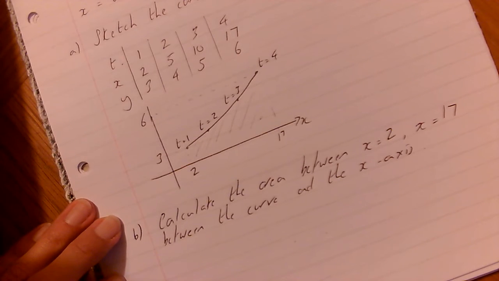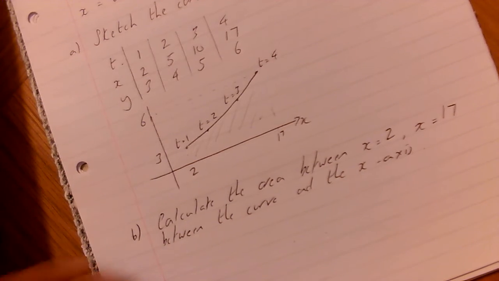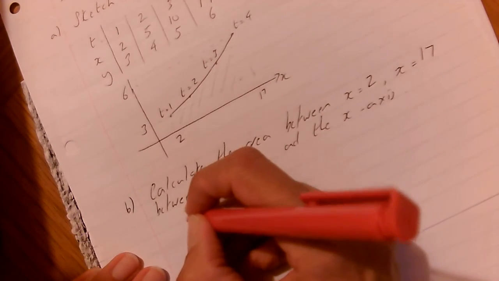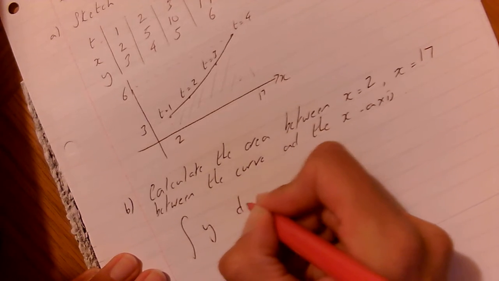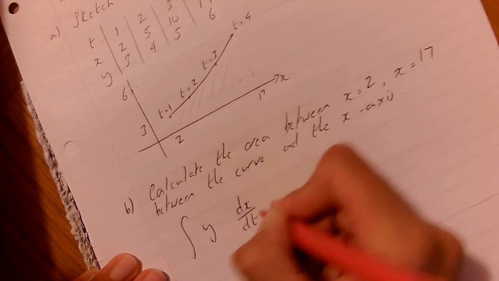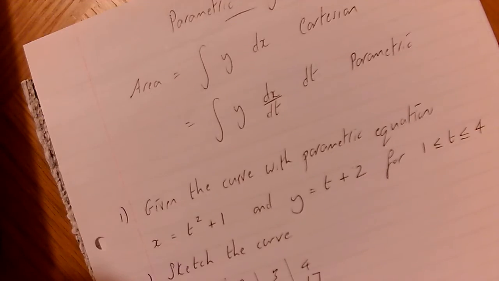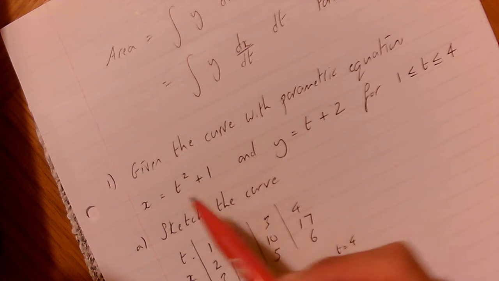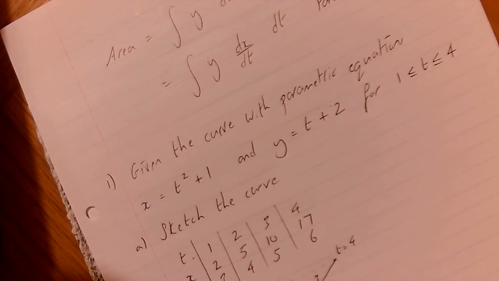As I said, the formula we are using is y times dx by dt, and then we're going to integrate it according to dt. But you could, because it's a fairly straightforward one, put these two together, have a nice curve, and integrate that normally.